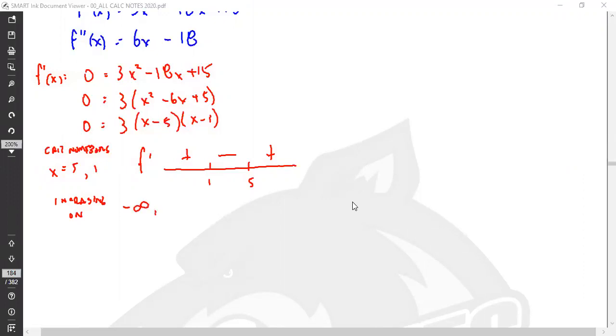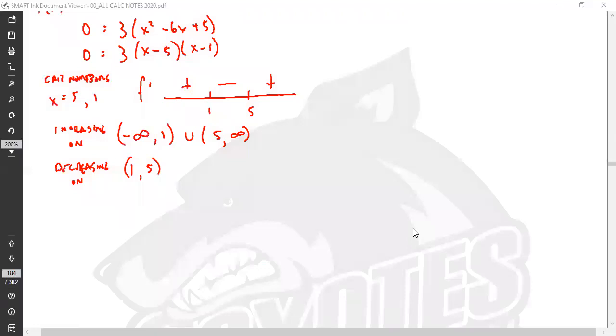We are increasing on negative infinity to 1, union 5 to infinity. We are decreasing on 1 to 5. We have a relative max where it's increasing and then decreasing.